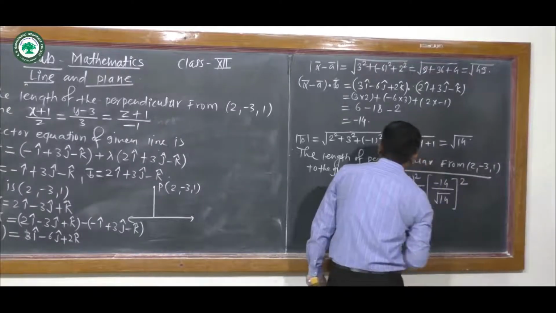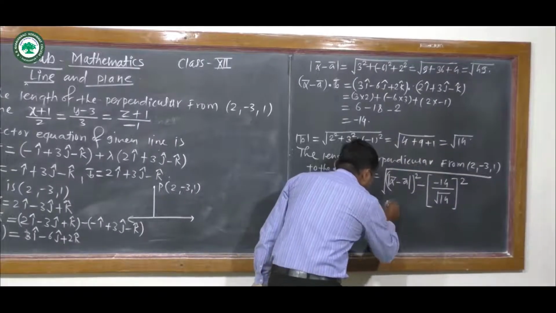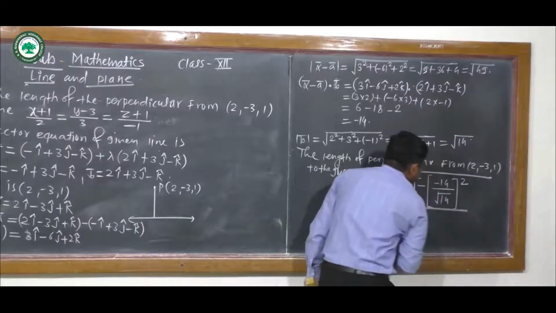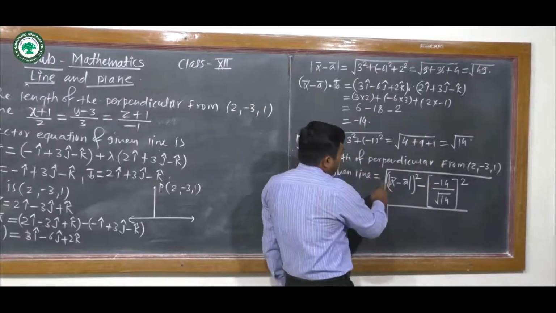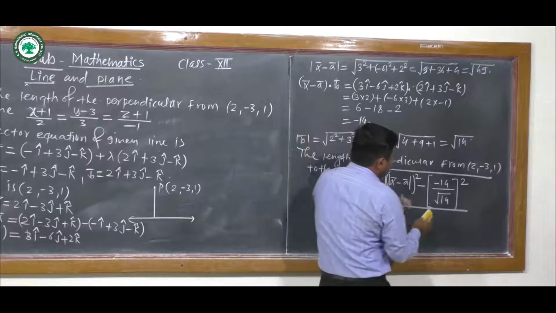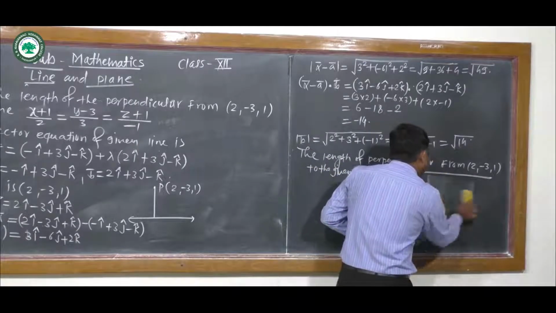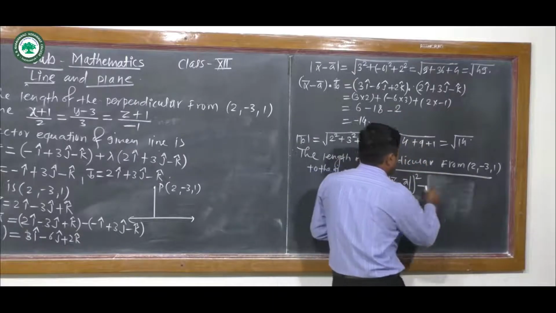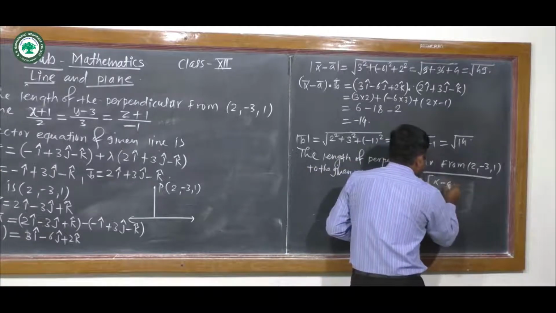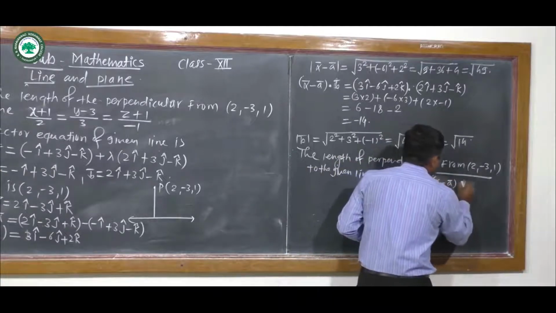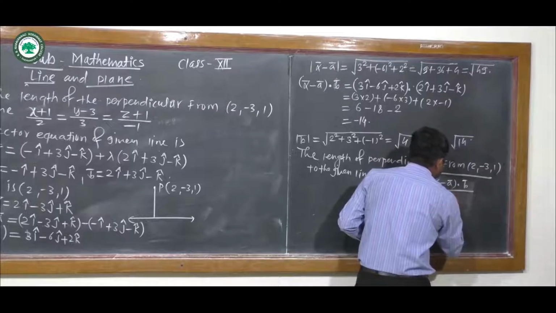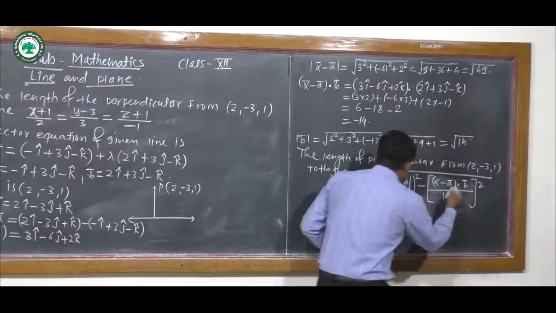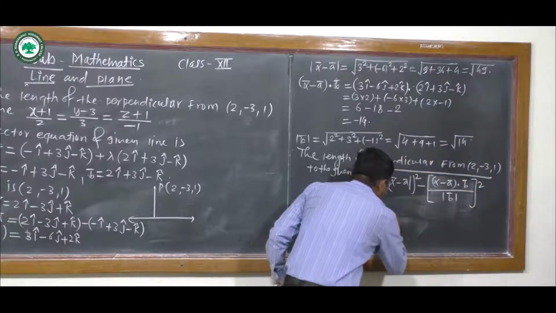Its square. So again it is equal to square root of, first we write the formula and then put the values, that is alpha bar minus A bar dot B bar, divided by magnitude of vector B bracket square, and in next step we will put the values.